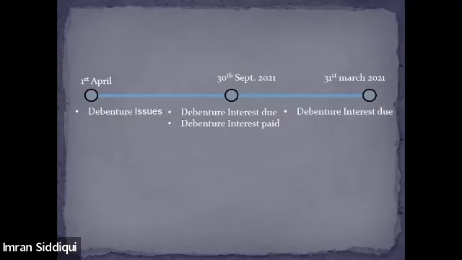The entry will be debenture interest due, and the second entry will be for paying the debenture interest. And one last entry will be done on 31st of March, apart from both these entries, that will be the transferring entry for the interest on debenture to profit and loss account. I hope this is clear.